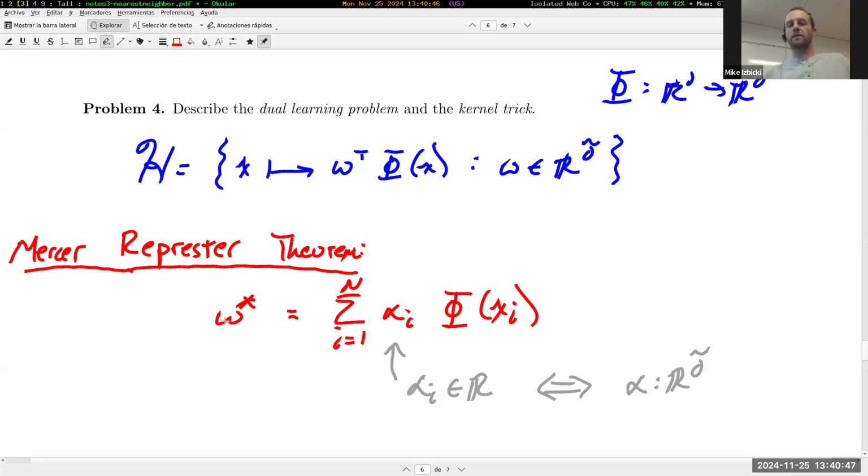And so no matter what the w value is, instead of representing w just as a vector in R to the d tilde, we could represent w using these alpha coefficients. Another interpretation is that each data point has some particular weight, and you sum all of those together, and that gets you your optimal w star.